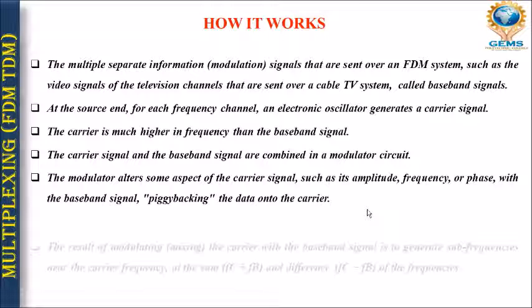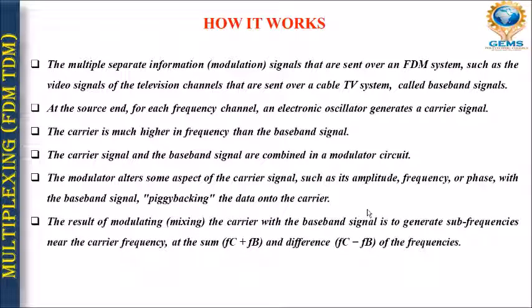The result of modulating, in a very simple way, modulating means you are mixing the frequency of your carrier signal and the baseband signal. If you are talking about the sum of the frequencies, it will be fc plus fb, as given here, and the difference will be calculated as fc minus fb. Here we should know one thing: fc is always greater than fb, right?